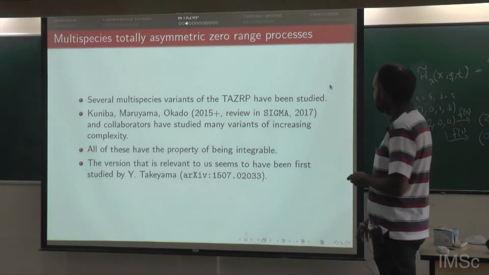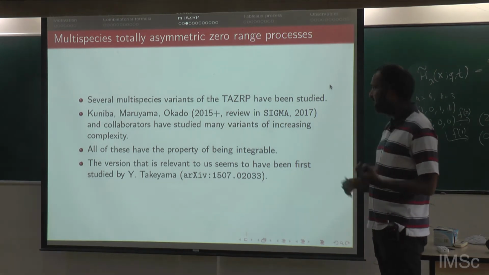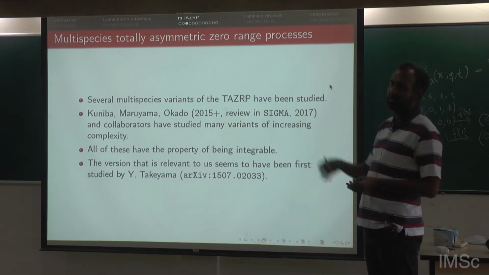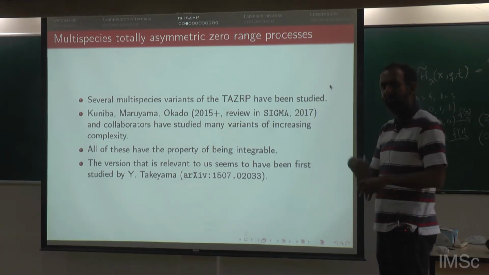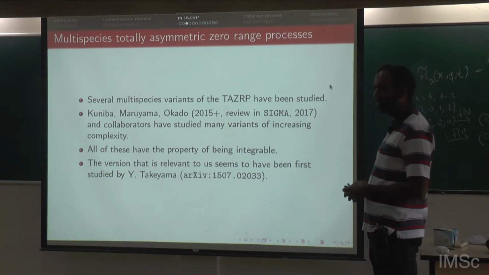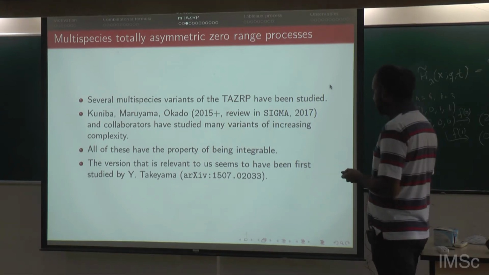And these Japanese groups have studied several variants. They come from the theory of integrability, and they add more and more complexity. The rates are different. Many particles move at the same time. They have all kinds of complicated things, but they're all integrable. So they are able to use the Yang-Baxter equation and all this machinery, and they're able to do some computations.